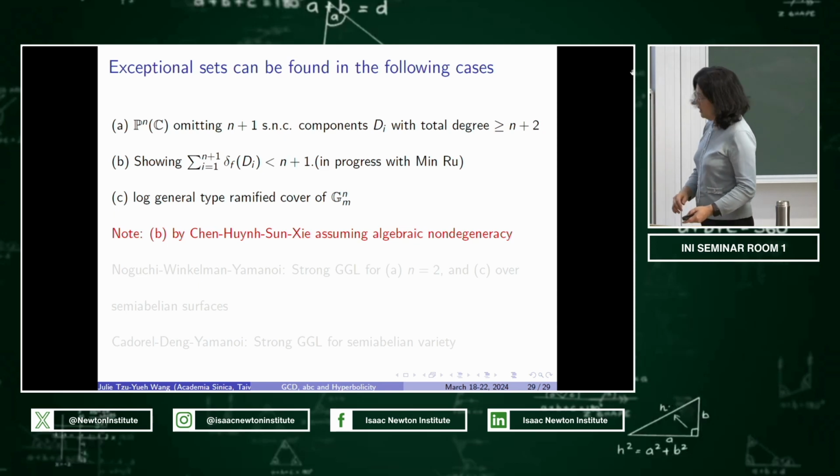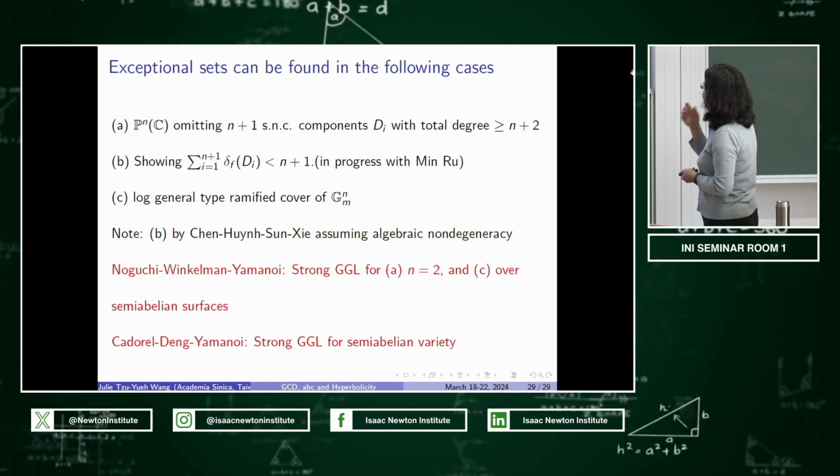Furthermore, we can find the exceptional set for the defect relation. For the surface case, Noguchi, Winkelmann, and Yamanoi already have the result, and for higher dimensional semi-abelian varieties, I think it's Kawamata and Yamanoi's result.